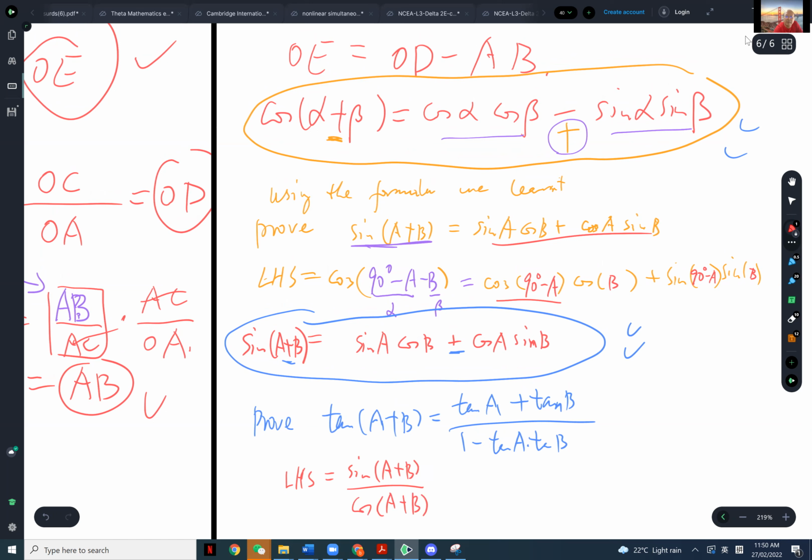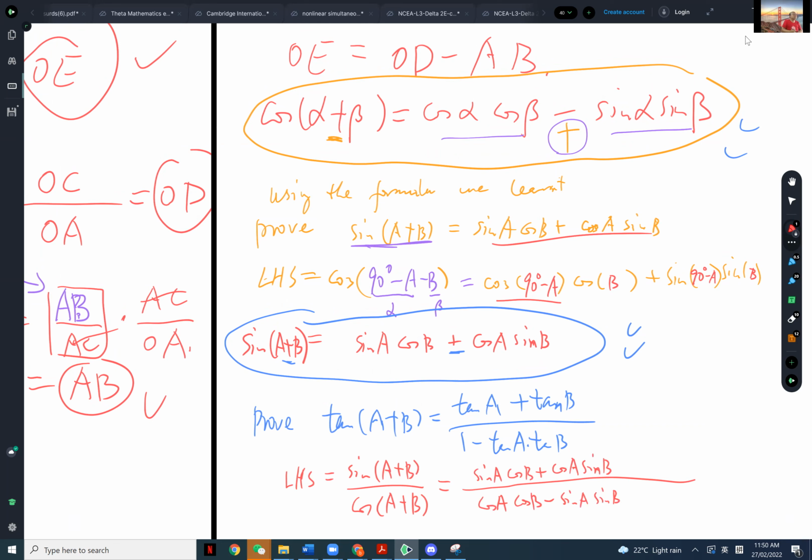We just proved the formula for sine. Oh, Kelly, when they ask you to prove an identity, it's a formula that is not given in the data booklet.